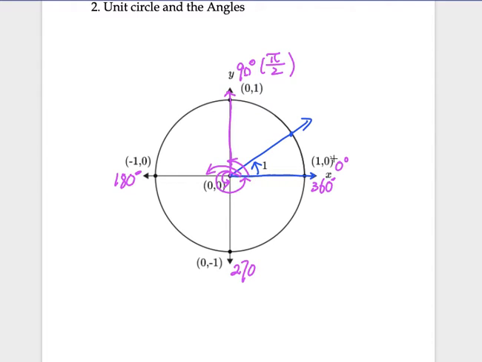However, we're going to have some random angles too. And the question is, is there any special angle for which we can also define its coordinates x and y? Can we find x and y for some random angle? For some special angles, yes, we can, and we are going to introduce these angles in this lesson.